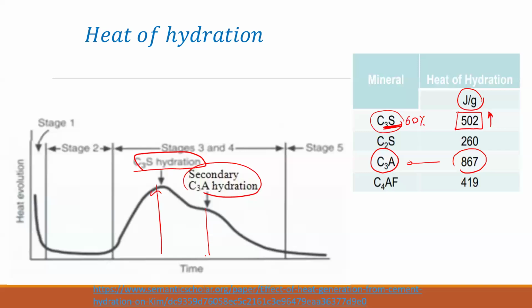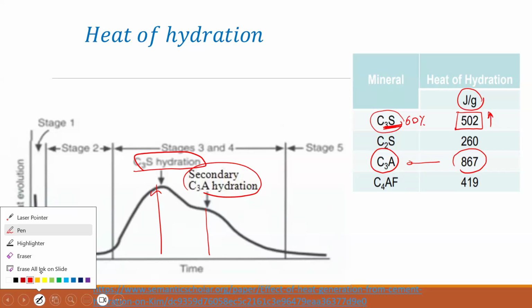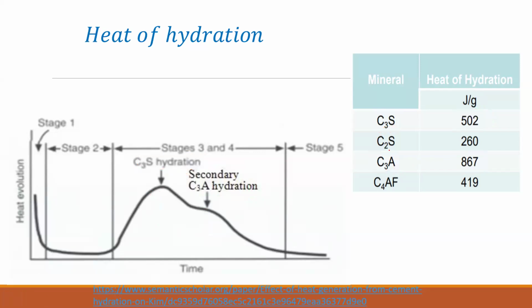So there are some situations where we need to control the heat generation. In that situation, we try to use a cement with less C3A and C3S. Also, there are additives that we can use to control the heat generation. And again, by selecting a cement with bigger particles compared to a tiny particle cement, heat generation can be controlled.